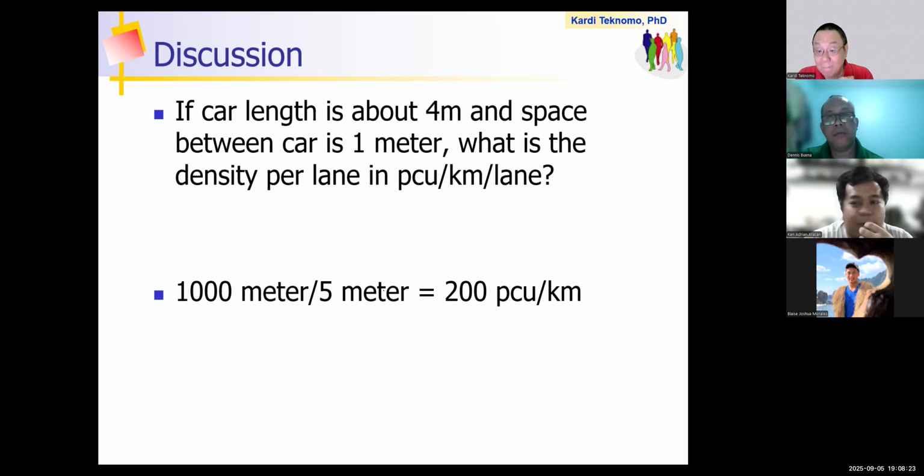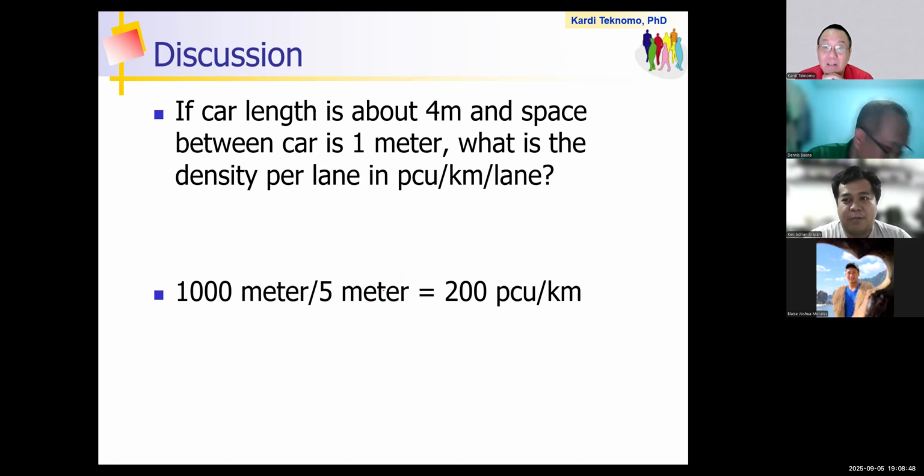I'm asking about an umbrella because here in the Philippines and in the tropics, it's raining quite frequently. So basically, the flow of pedestrians will be determined by the diameter of an umbrella.